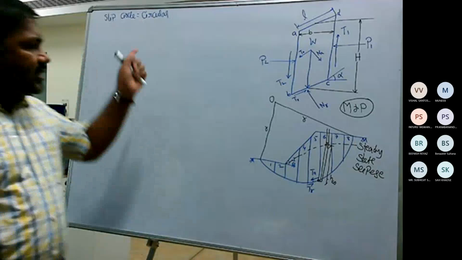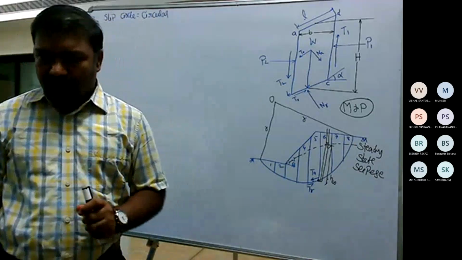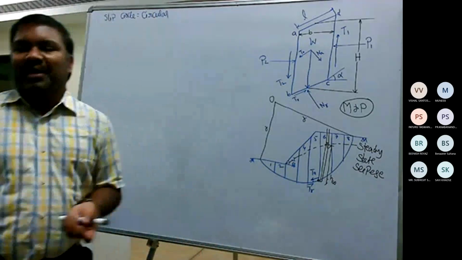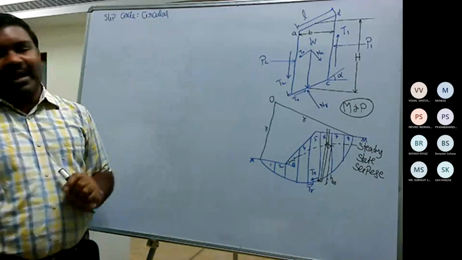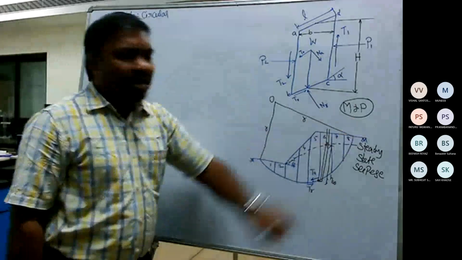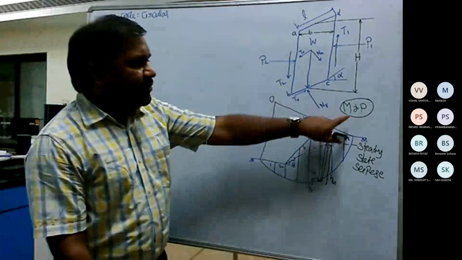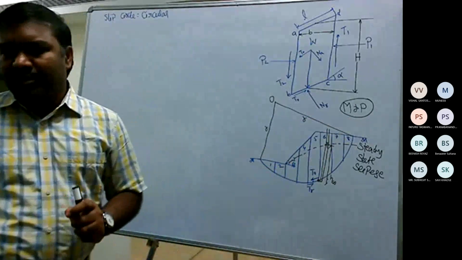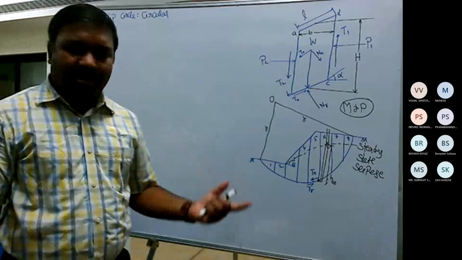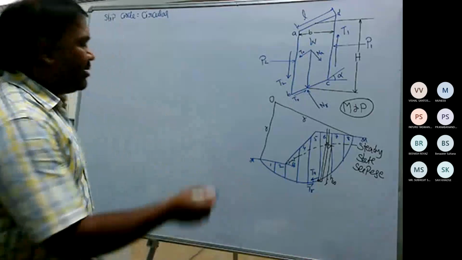But is circular failure always possible? The answer is, maybe not. So this limitation was again overcome by Morgenstern and Price. As per their analysis, you can consider any kind of slip surface, that may be circular, may not be circular.